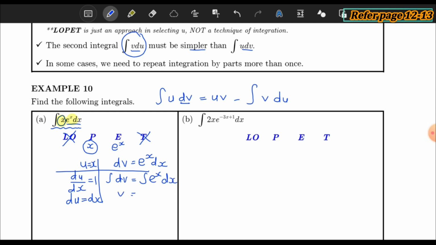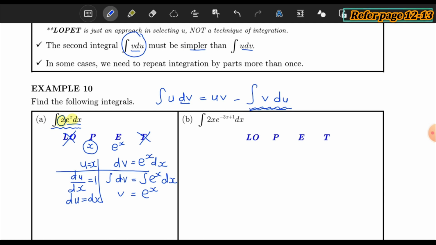So, v equal to e^x. And we can ignore plus c, the integral constant, because after this, we will integrate v du. And we will add plus c here.